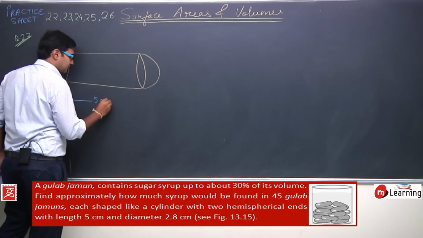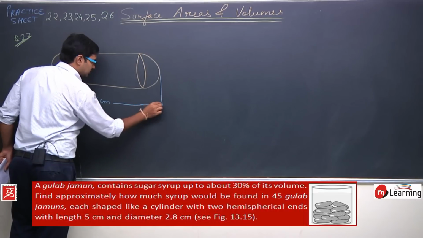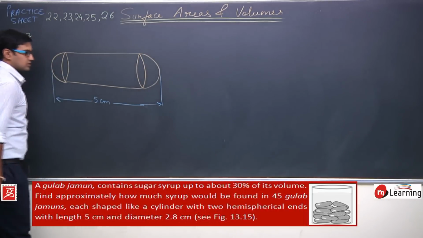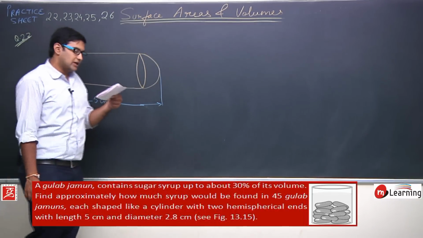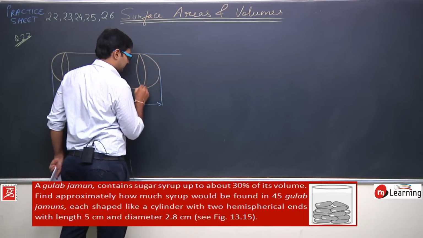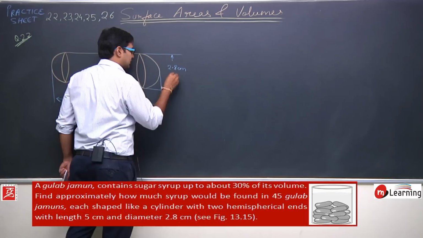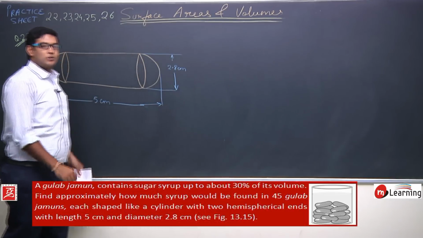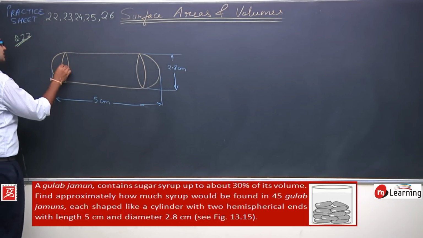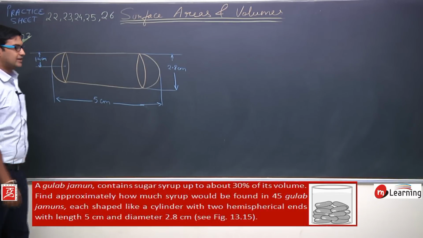The length of this gulab jamun is 5 centimeters and the diameter is 2.8. Diameter means this length, 2.8 centimeters. So if the diameter is 2.8, then what is the radius? The radius will be 1.4 centimeters.